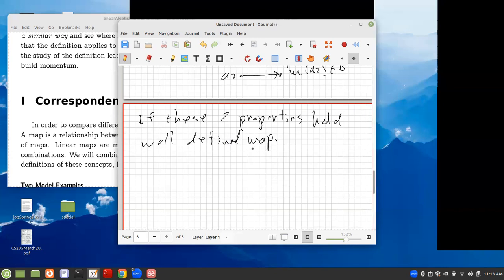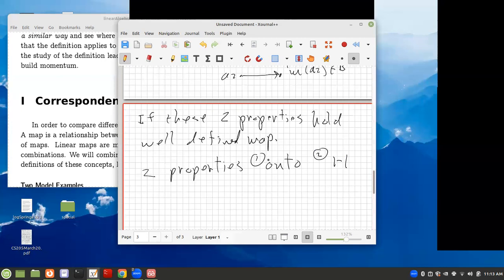Now we're going to be interested in two properties of maps, and those properties have the names onto and one-to-one.